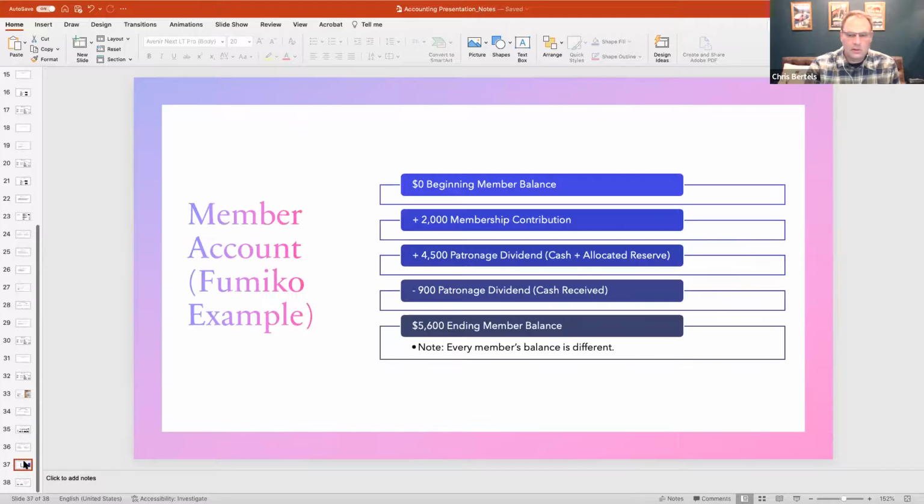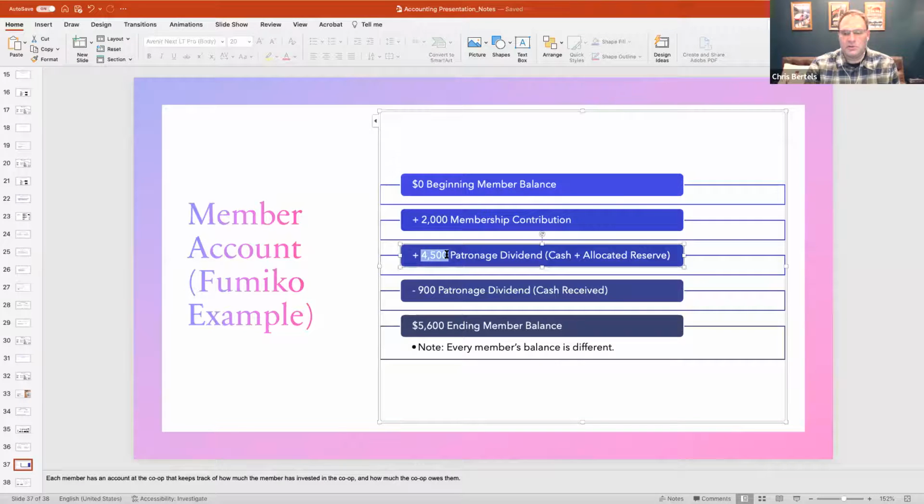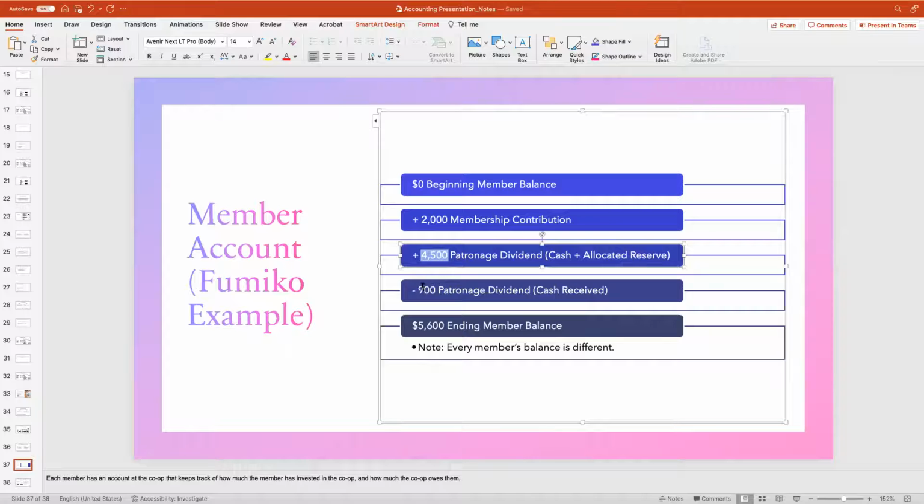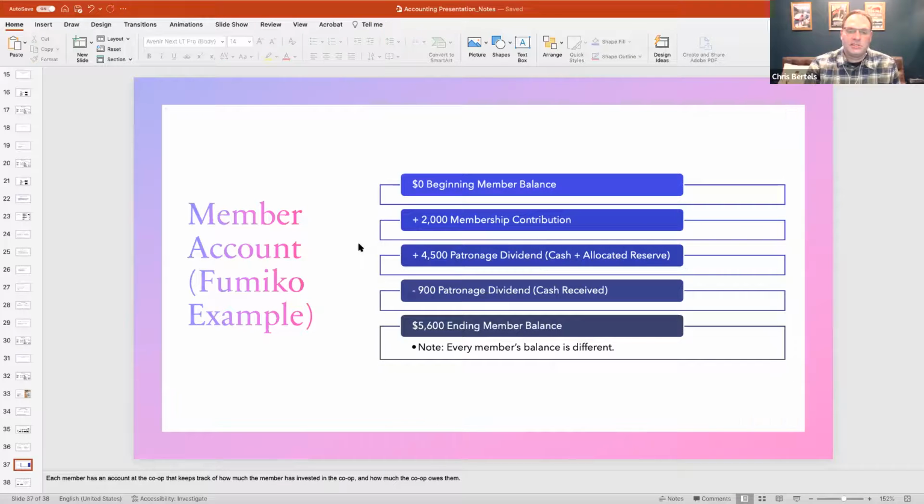Let's go back. She is going to pay tax on the 4,500. Let's take a step back. During the year when the patronage dividend is allocated to her, she's going to pay tax on 4,500, even though she only got 900 in cash.